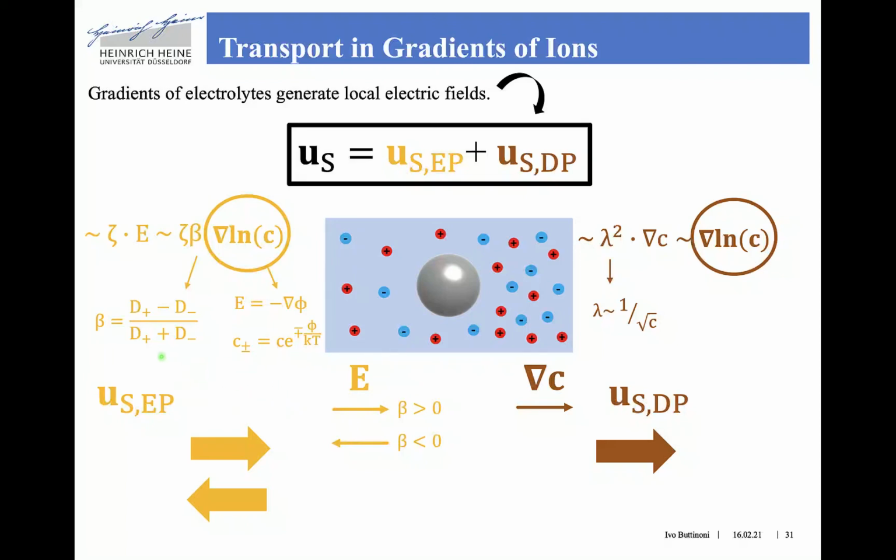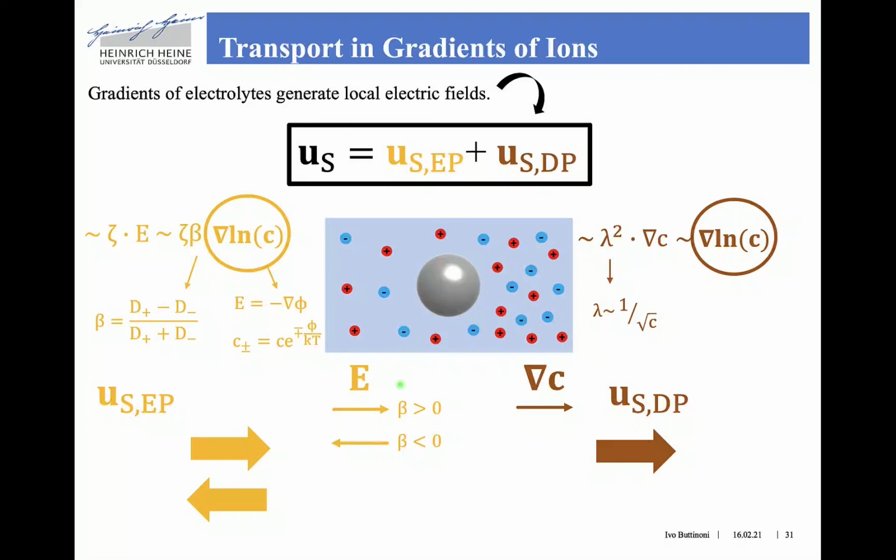So all in all, the electrophoretic slip velocity can either go in this direction or this other direction, depending on the sign of the zeta potential, and depending on whether the positive ions diffuse faster than the negative ions, or vice versa.